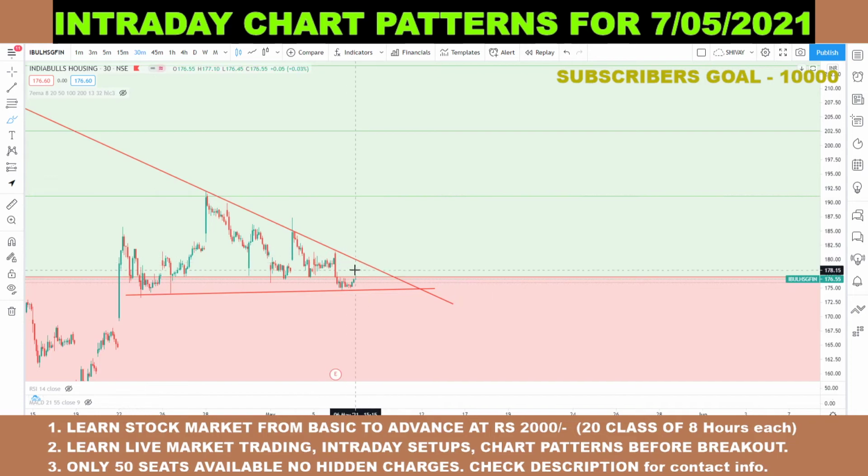You will wait for the stock to cross this level, then only you will consider buying. So above 181, you will consider buying this stock for targets of 186 or 190 on intraday basis, with the stop loss of whichever candle gives a breakout. You will put your stop loss just below the low of that candle, and then you will consider buying.